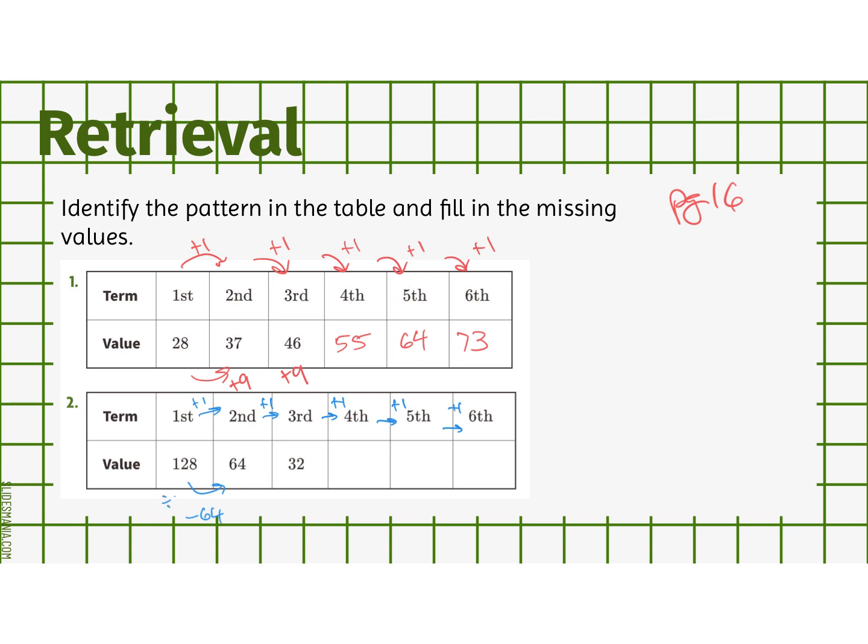So divide by 2. 128 divided by 2 is 64. 64 divided by 2 is 32. Ha, the pattern is divide by 2. So 32 divided by 2 is 16. 16 divided by 2 is 8. 8 divided by 2 is 4.